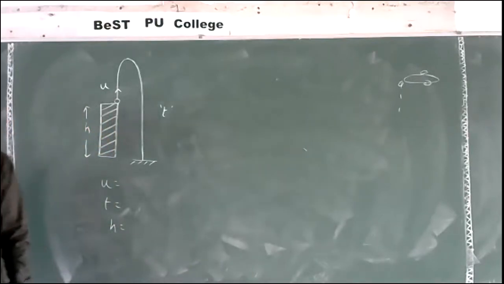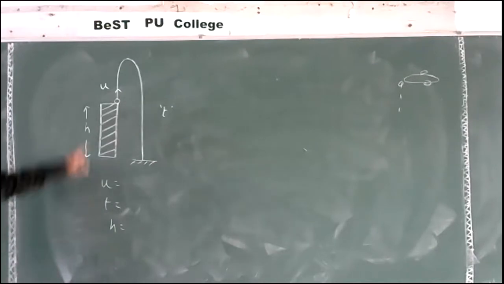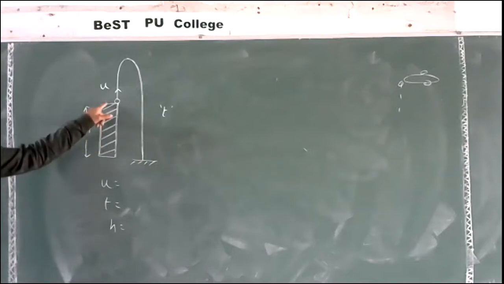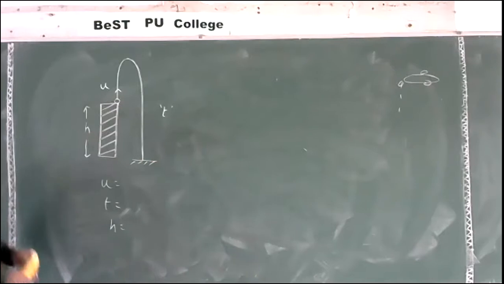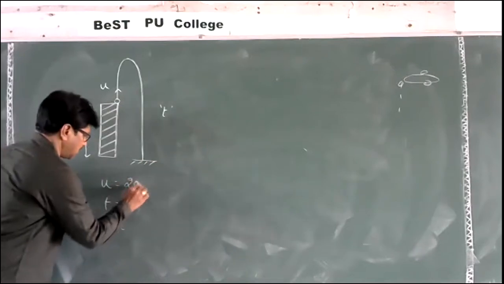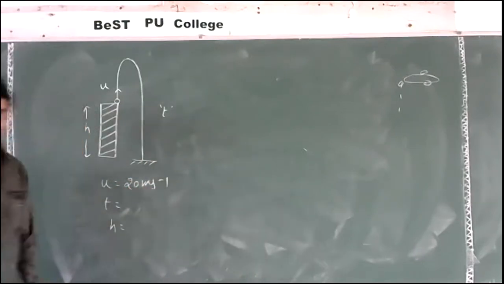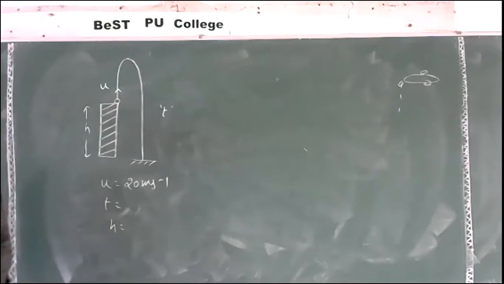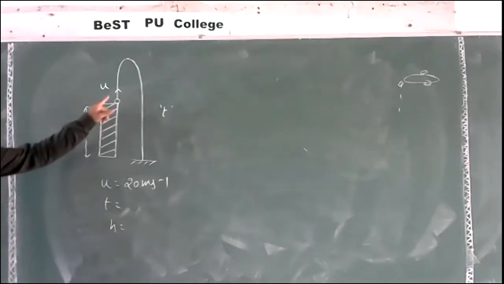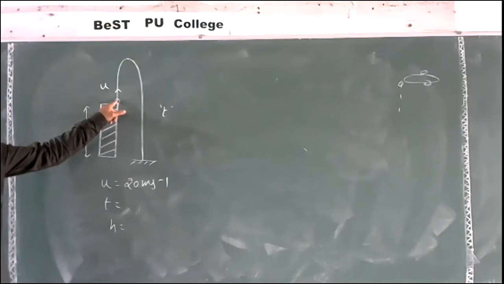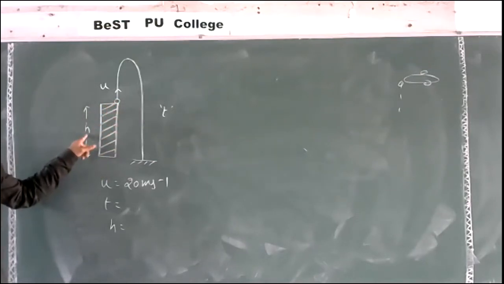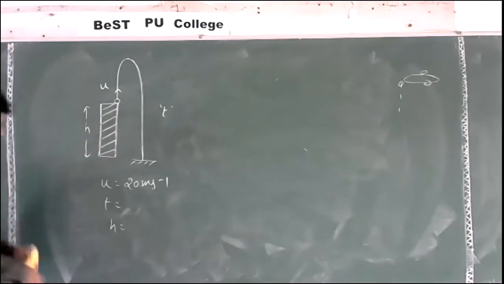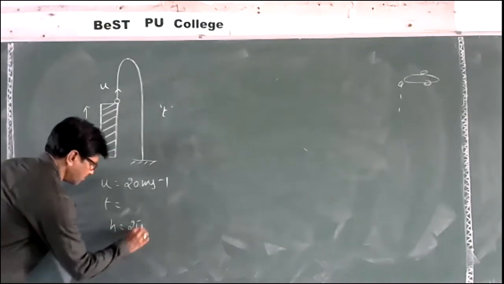Here is given a ball is thrown vertically upwards from a building with a velocity 20 meters per second. The point from where the ball is projected is at a height of 25 meters.